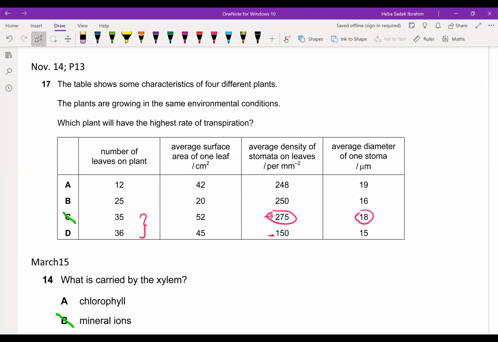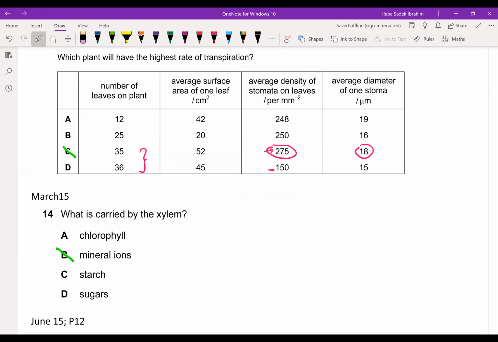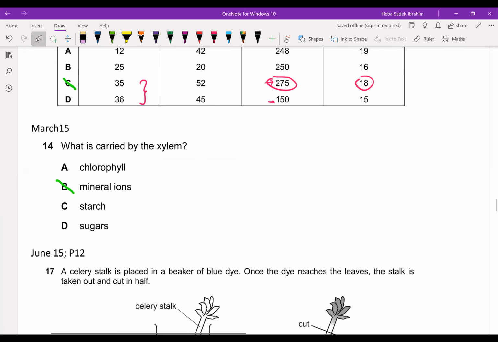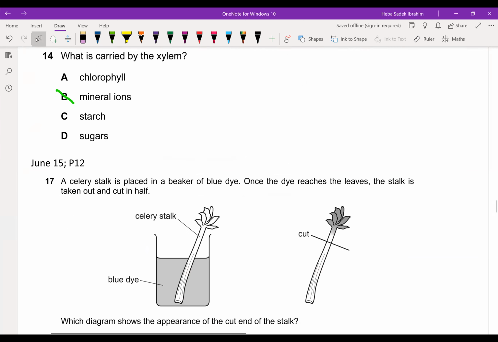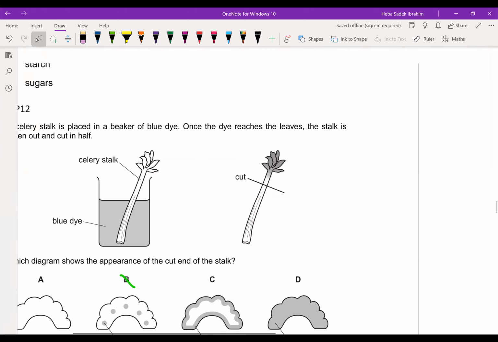What is carried by the xylem? The xylem carries water and mineral ions. طيب حلو قوي. هنا جايب لحضرتك a celery stalk وحاططها in a beaker of blue dye. Once the dye reaches the leaves, the stalk is taken.